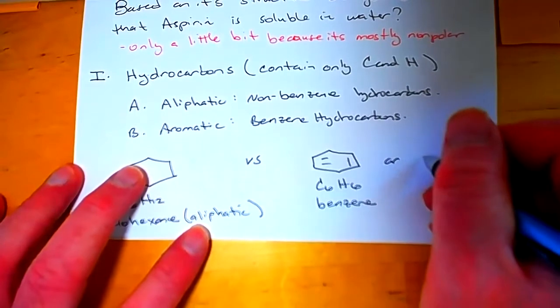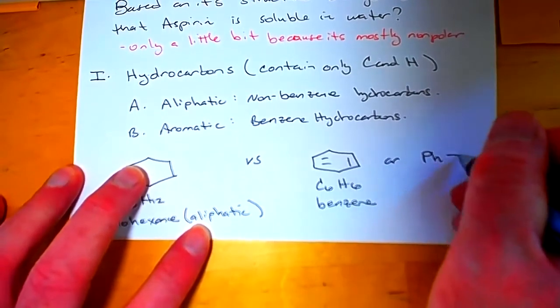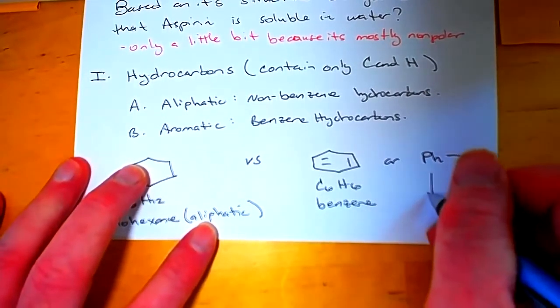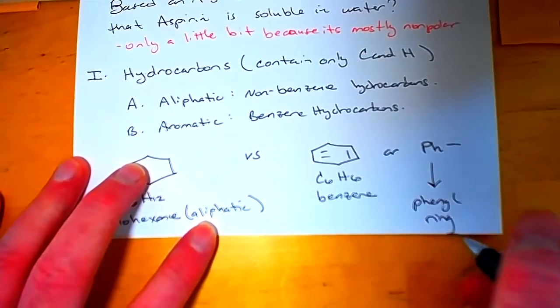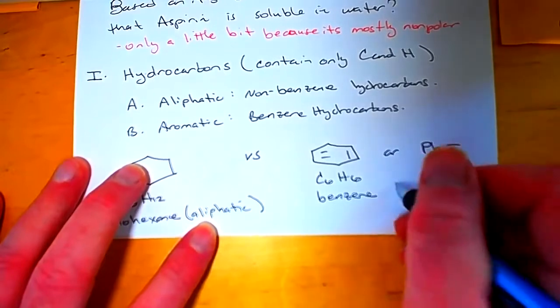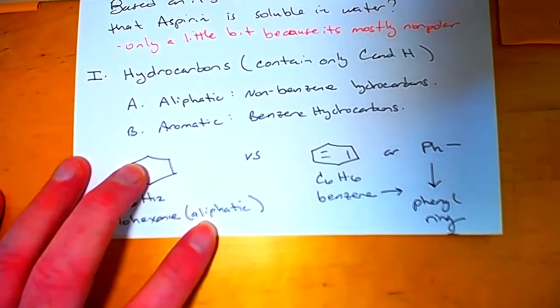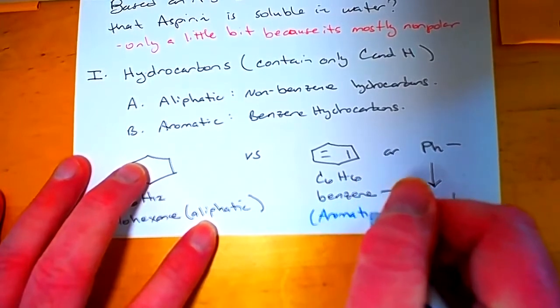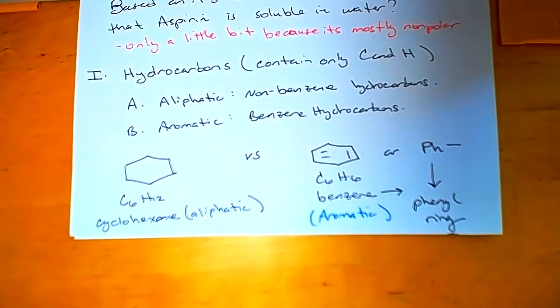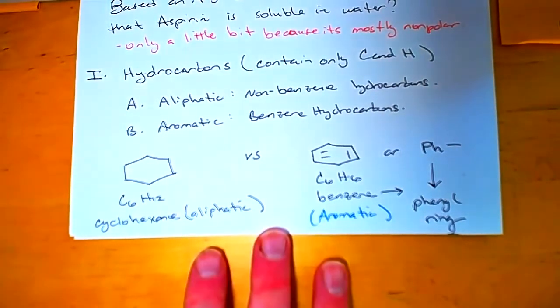And you will often see it abbreviated as Ph, which is short for what is known as a phenyl ring. And again, this is referring to compounds that we think of as aromatic, which have somewhat different properties than aliphatic compounds, but both are hydrocarbons.